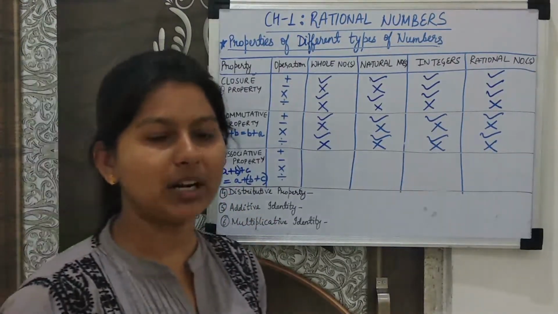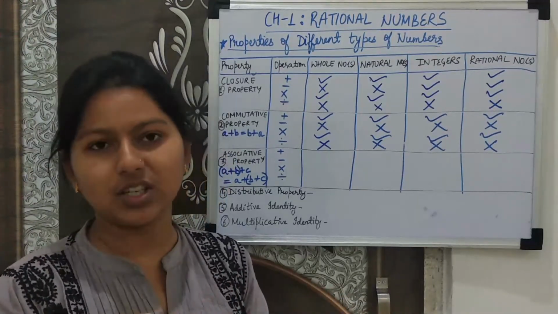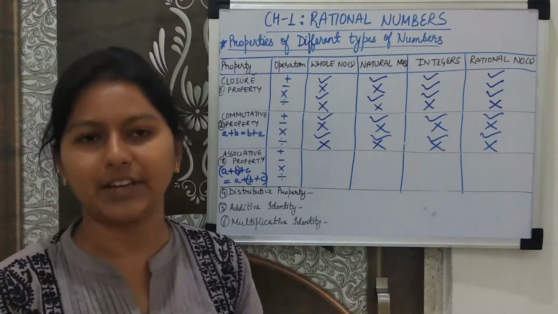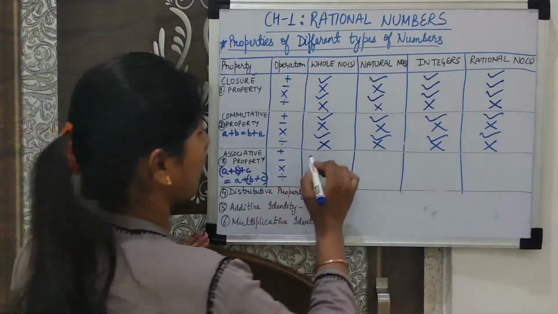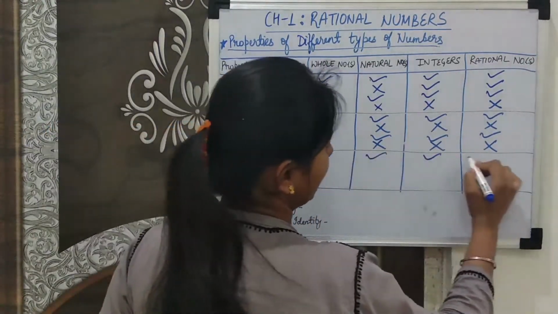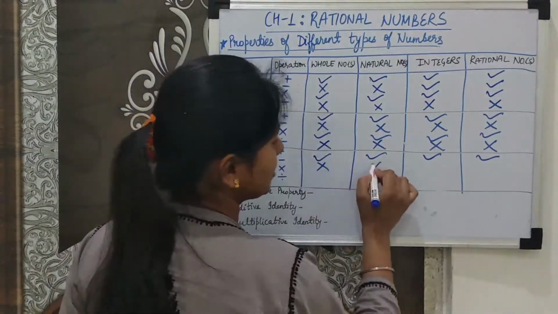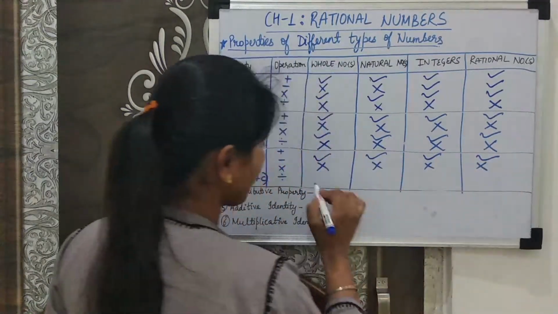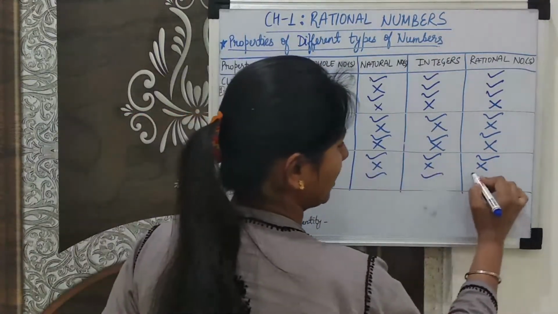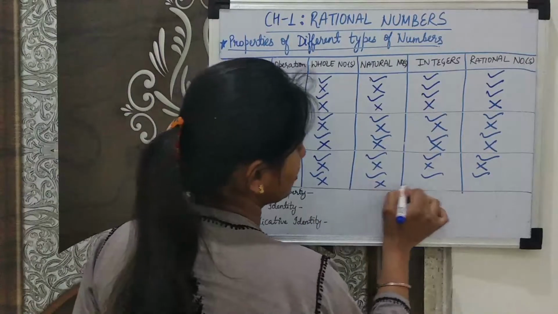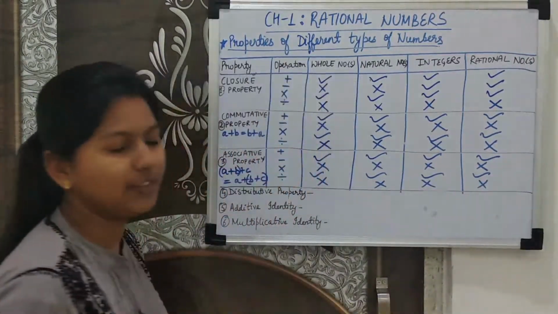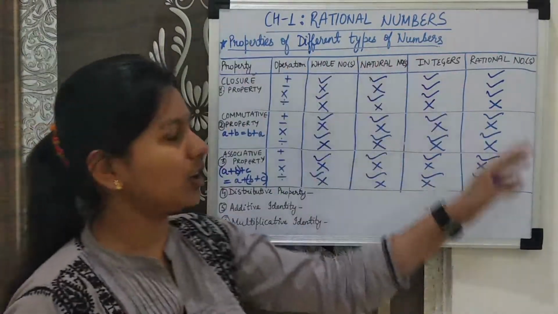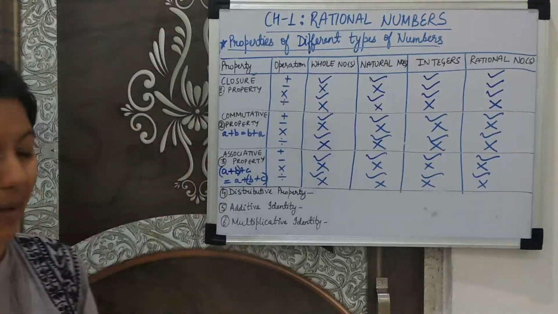Because in addition and multiplication, if we change the grouping, it never changes the answer. So they all are associative for addition, but not associative for subtraction. They all are associative for multiplication, but not associative for division. You can justify all these properties by taking some examples.